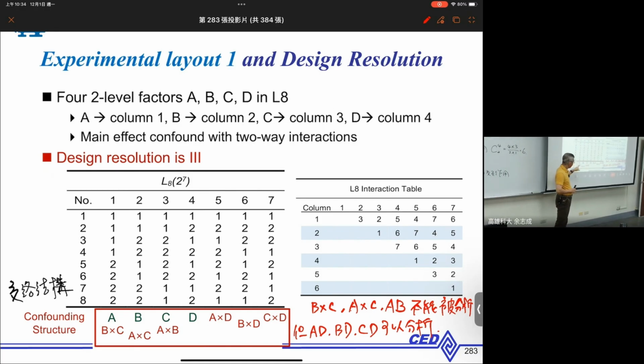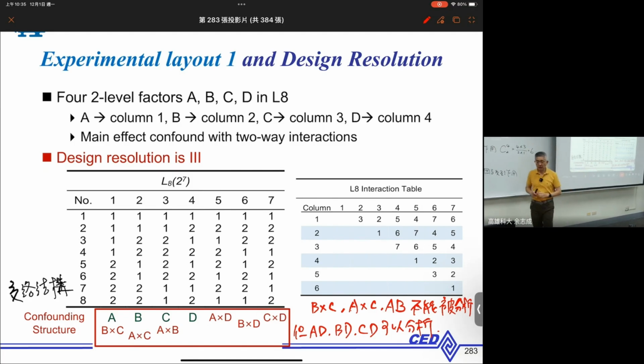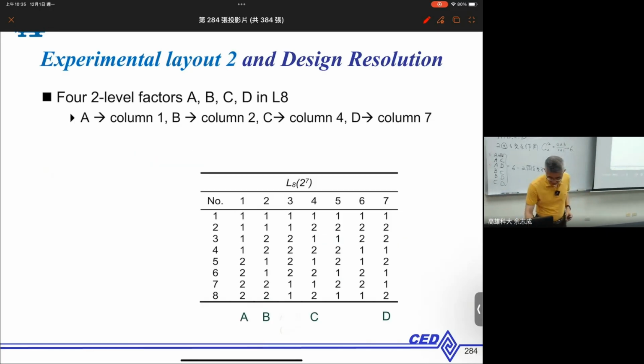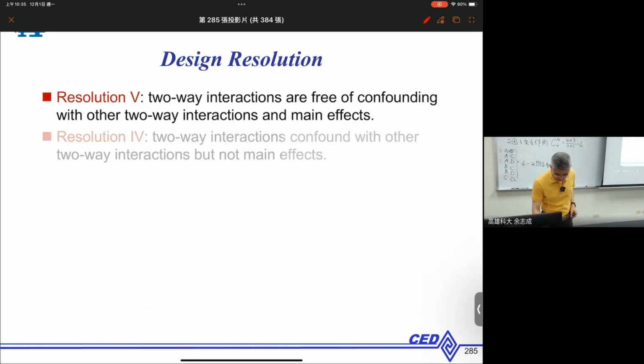If these interactions cannot be neglected, or if these interactions are very strong, then the main effects will be affected, which means that the determination of the main effects, which level is good, will be incorrect because they are influenced by some other interaction. This is the conclusion here.